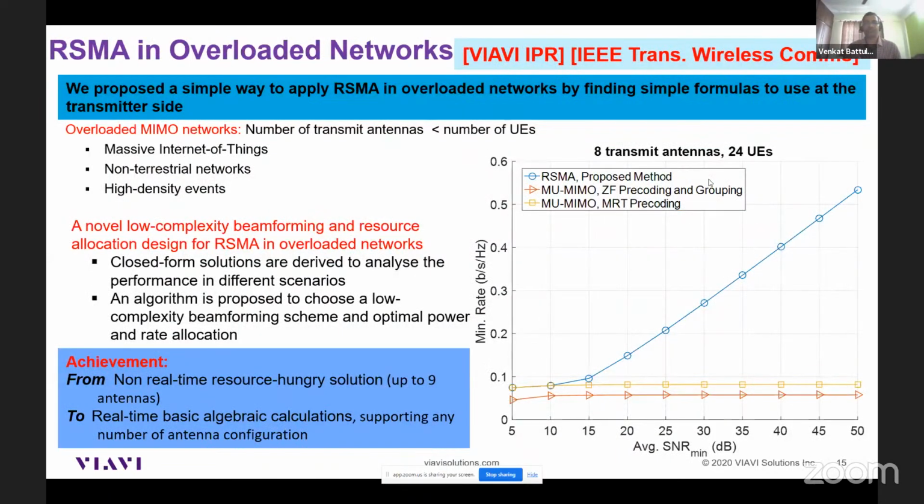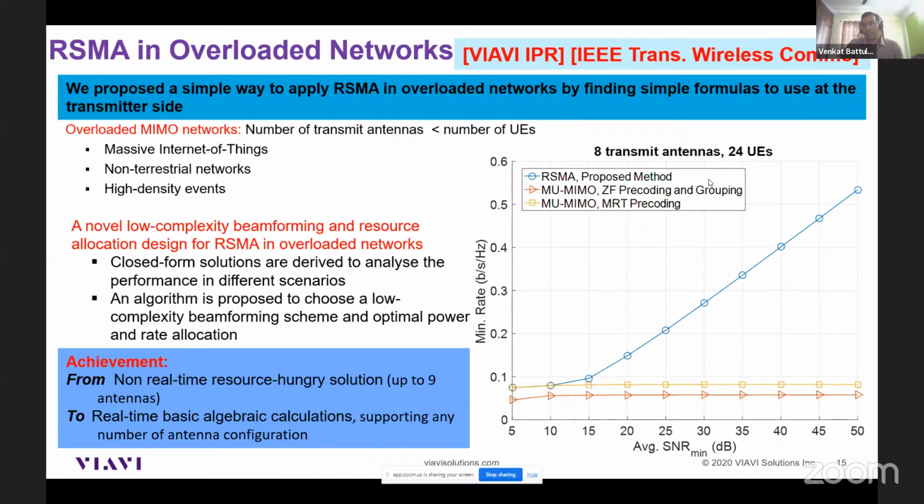Here we have done active research in collaboration with universities. We have published quite a few papers in the area of rate split multiple access. You can see here on the right hand side, and you can access this paper in IEEE Transactions on Wireless Communications.